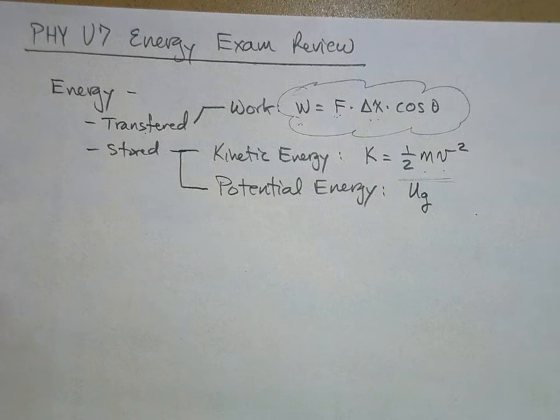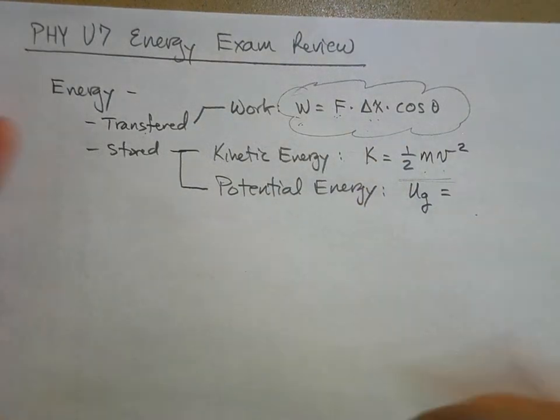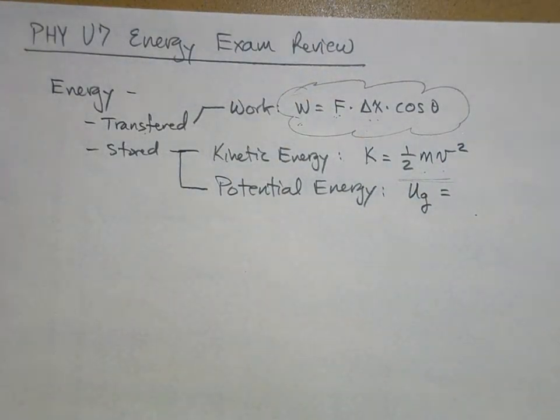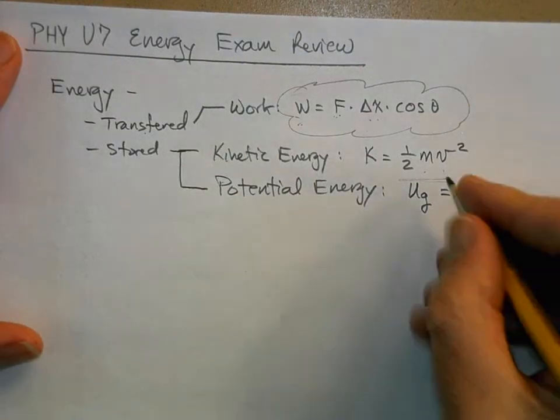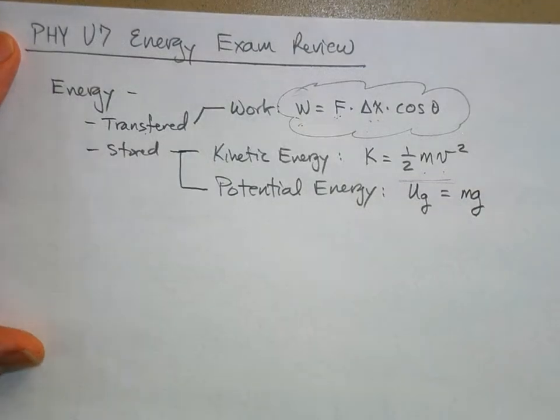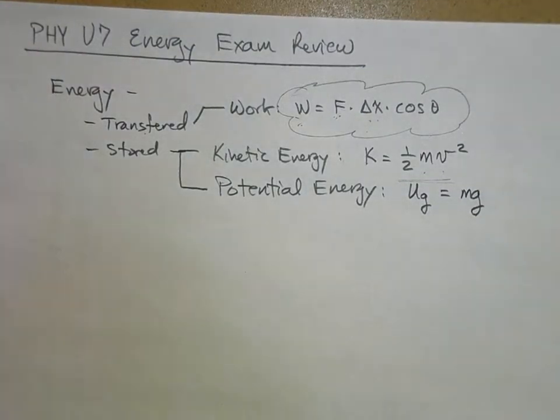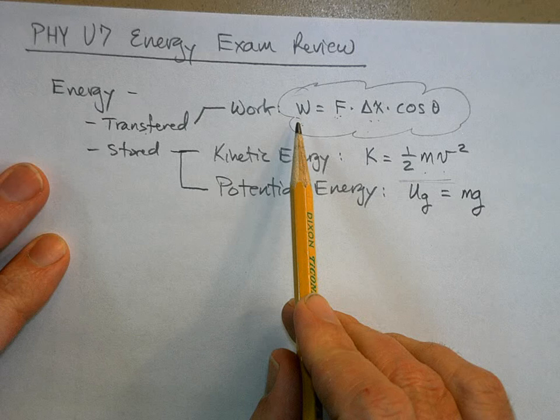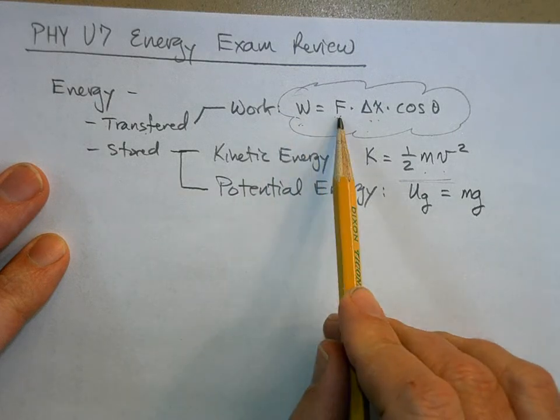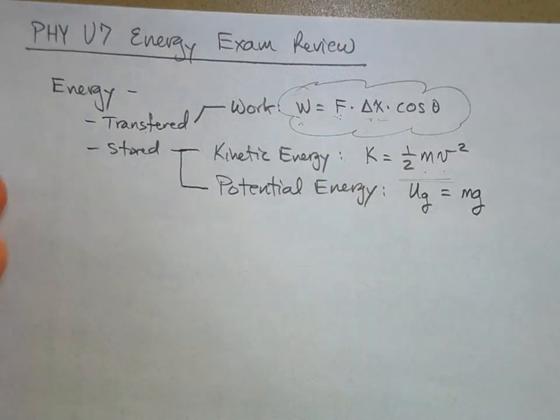But so that's potential energy. And we said, well, what is the work that gravity can do? Well, gravity will apply a force through a distance. Well, what's the force? The force of gravity is mg. And we said that work done by gravity is a force times the displacement. Well, what is the displacement?